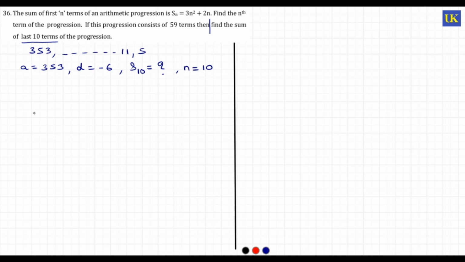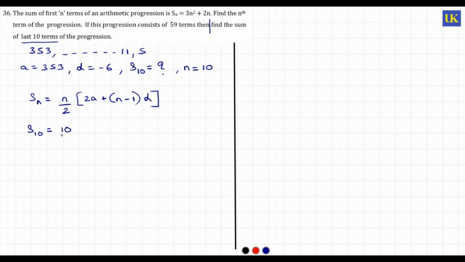Now we'll take the formula. The formula is Sn is equal to n upon 2, 2a plus n minus 1 into d, right? So this is our formula, and we want sum from the last 10 terms.